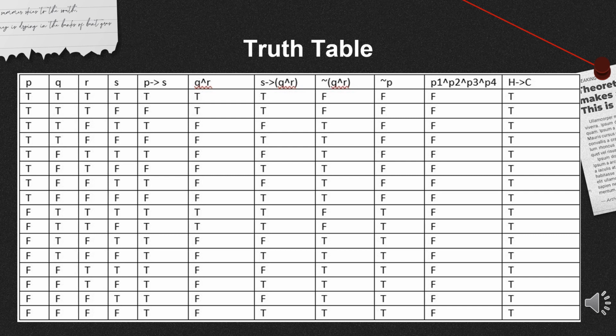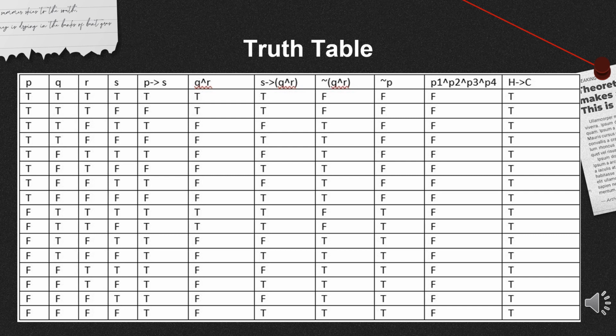Next, for Q, the values are true, true, true, true, false, false, false, false, true, true, true, true, false, false, false, and false. And next, for R, we have true, true, false, false, true, true, false, false, true, true, false, false, true, true, false, and false.